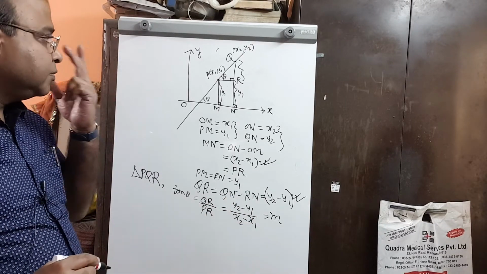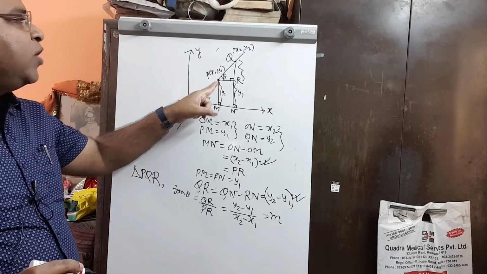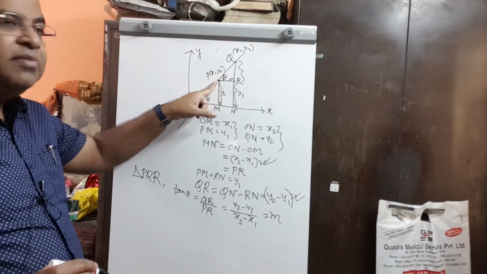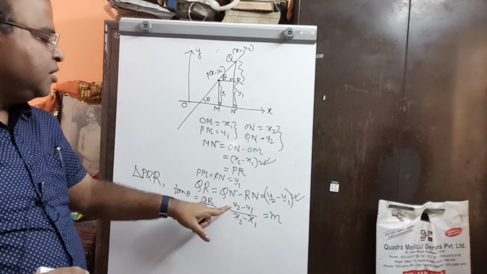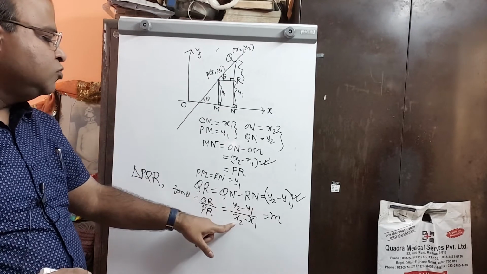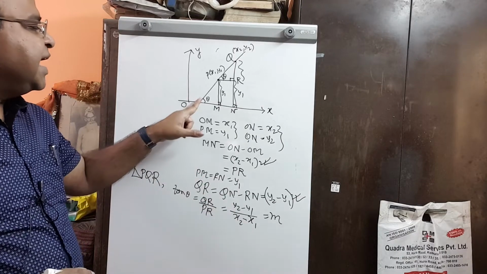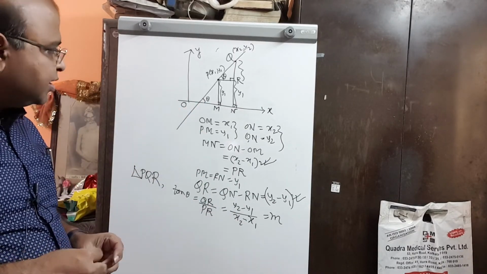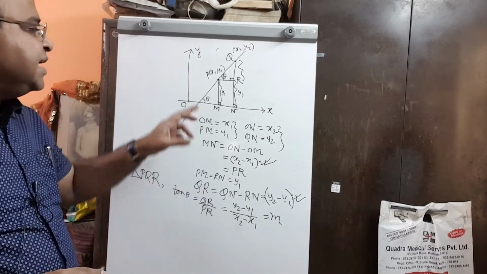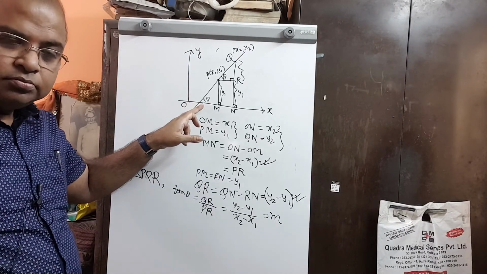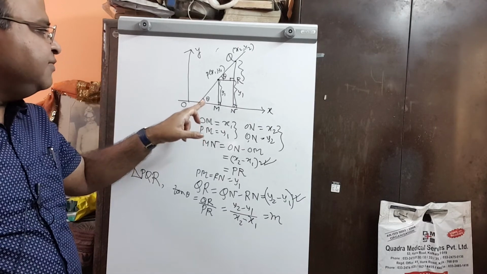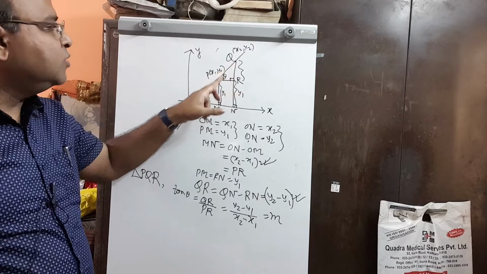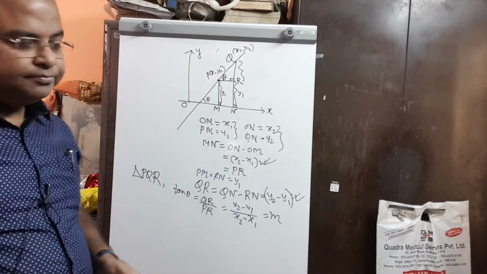Thus, when we have 2 points on a line with known coordinates, its slope can be found by this formula, y2 minus y1 upon x2 minus x1, even if the angle of inclination is not known. So the slope of a straight line can be found if either the angle of inclination of the line with x-axis is known, or coordinates of 2 points on the line are given.